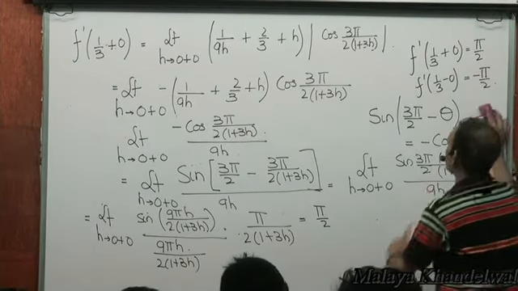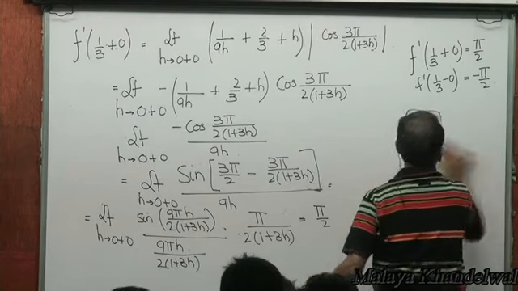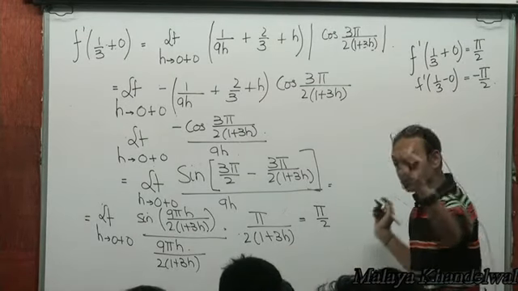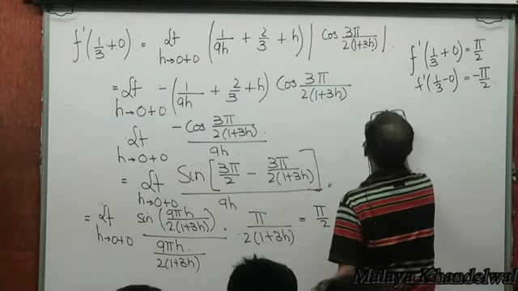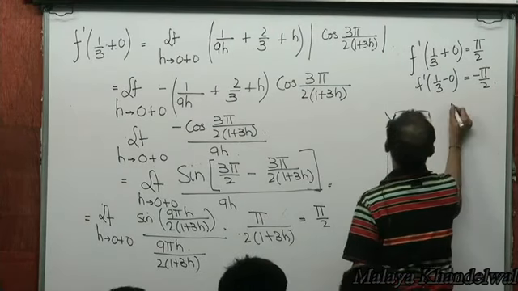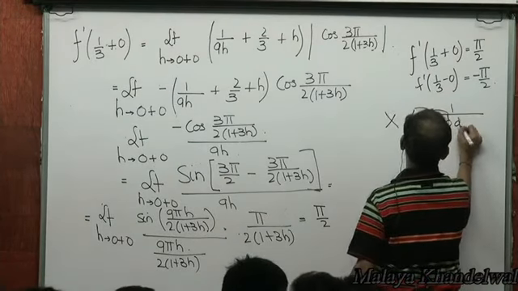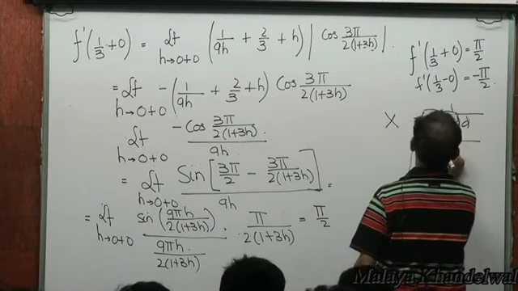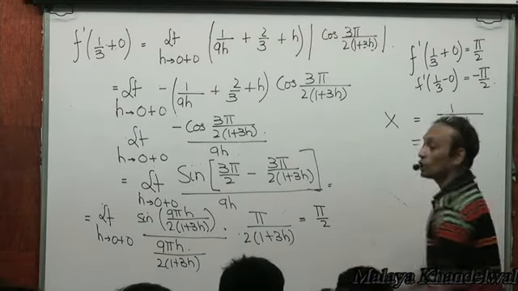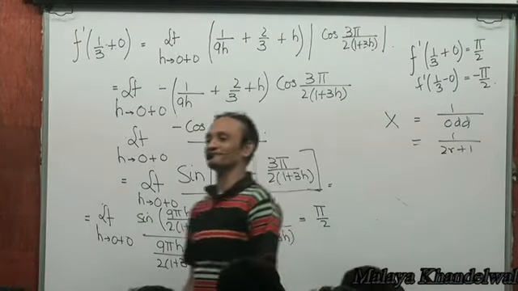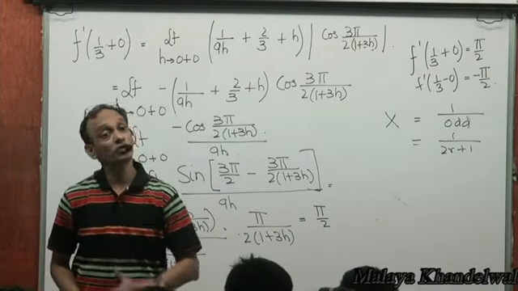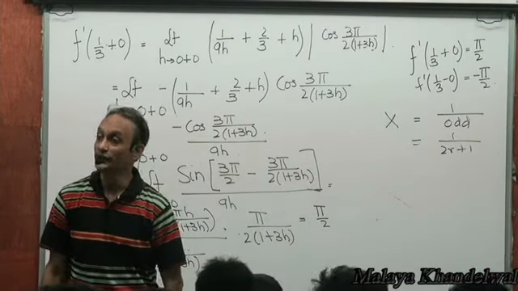Right? In fact, you might want to check the truth of this statement. The given function would not be differentiable every time x equals 1 by an odd number. That means x equal to 1 by 2r plus 1, it will not be differentiable. You can check that out. x equal to 1 by an odd number, it will not be differentiable.